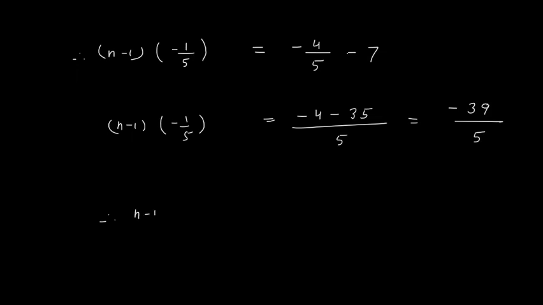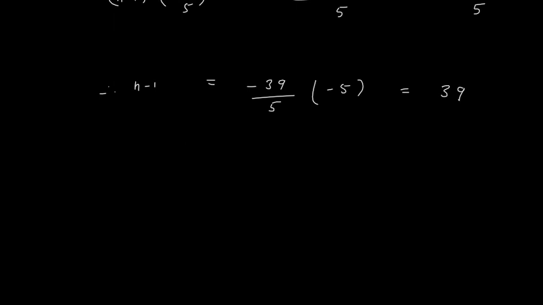Okay, so therefore N minus 1 is equal to minus 39 upon 5 into minus 5. So this minus will cancel, 5 will cancel, and we will get 39. So N minus 1 is 39, therefore the value of N is 39 plus 1, and this is 40. Now it is correct, N is 40.